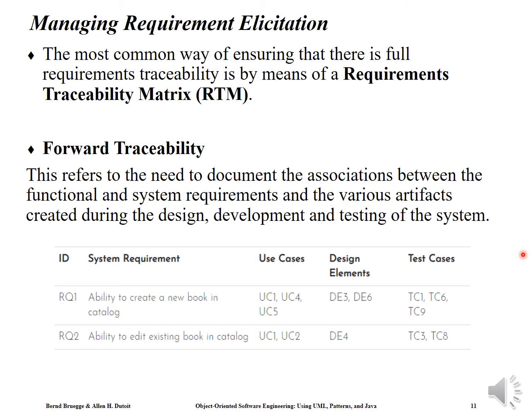So it basically maps the functional and system requirements to the various artifacts created during design, development, and testing. For this, each individual element, requirement, class, operation, and test case must be identified by a unique number.